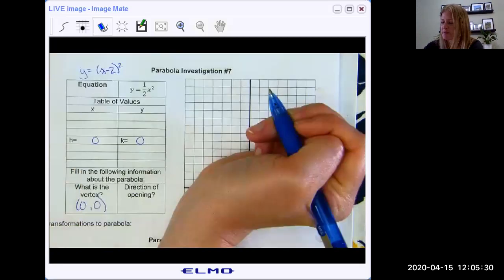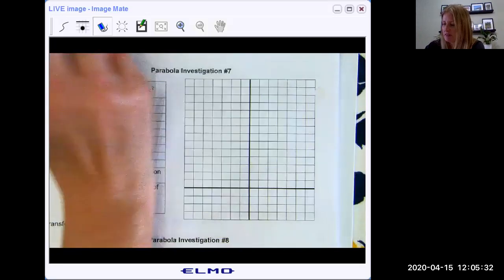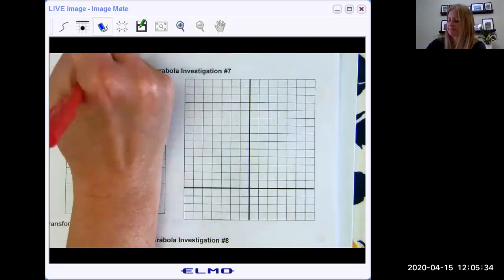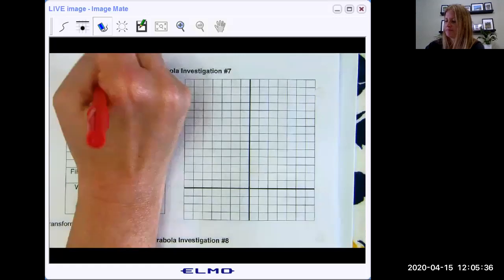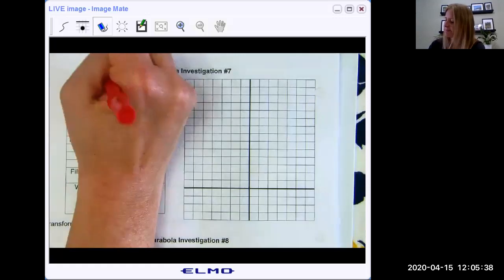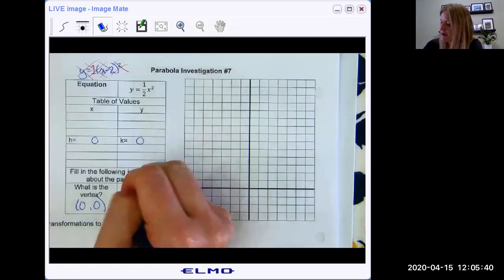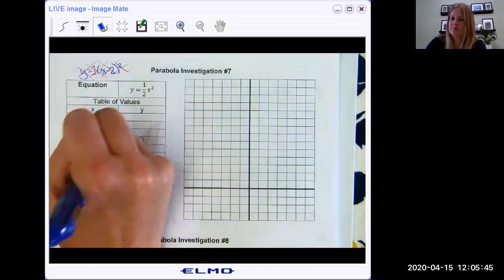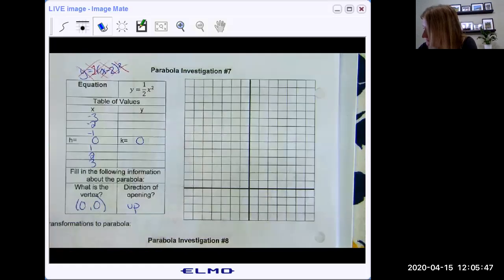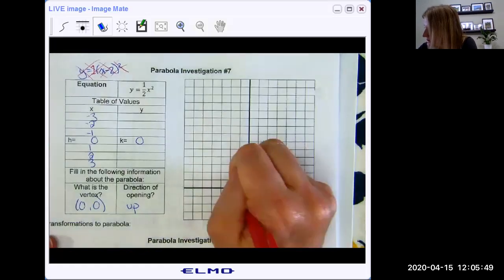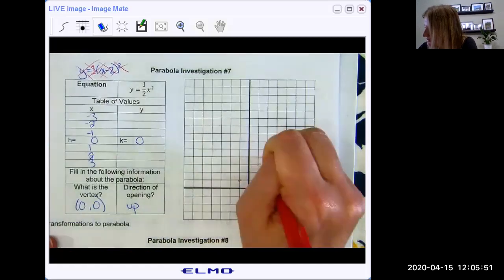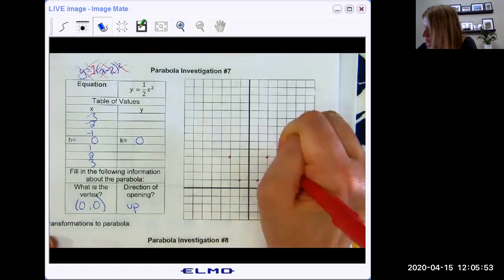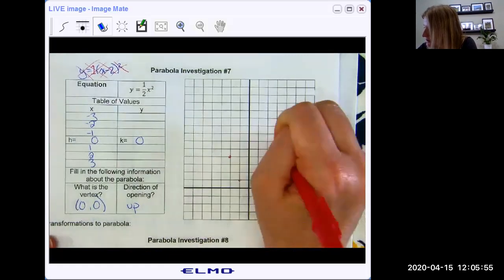Yeah, remember if it's being multiplied and invisible, it's actually a 1. That's just a little question for you guys. And it's going to open up. So figure those out, please. Over 1 up 1, over 1 up 3, over 1 up 5.